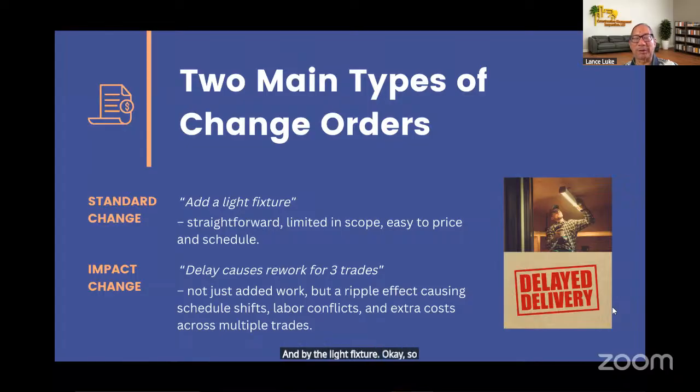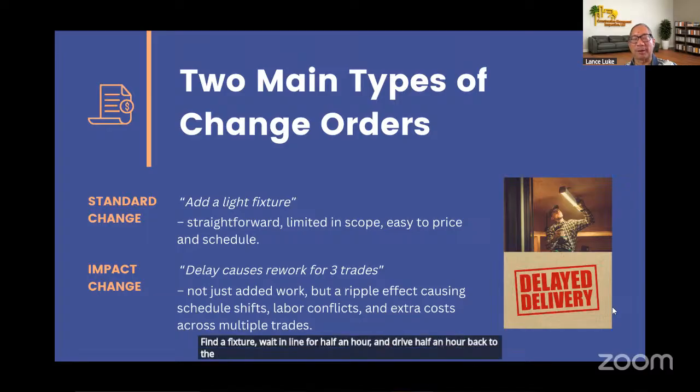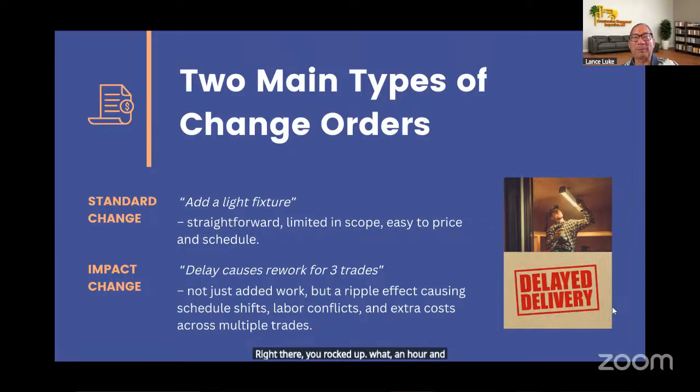Okay, so let's say it takes the guy half an hour to go to the fixture store, find the fixture, wait in line for half an hour, and drive half an hour back to the job site. Right there, you racked up, what, an hour and a half of time? And what if that worker that went to the store to buy it, his rate of pay is $50 an hour, right?